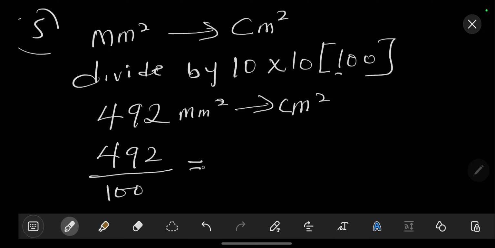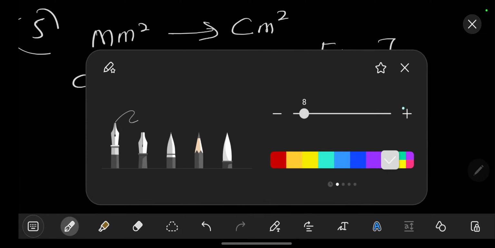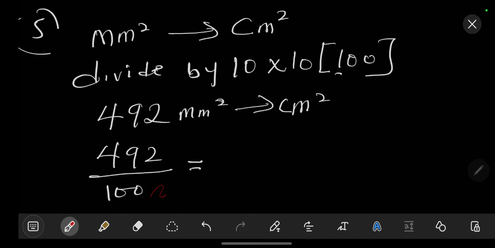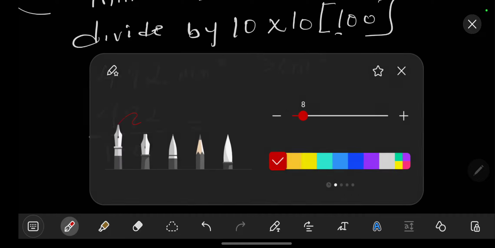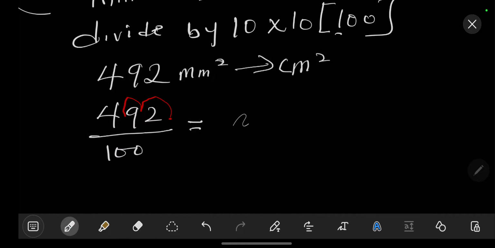So when you do that, of course, you have 2 zeros here, so it means you're going to move your decimal 2 places backward. Here, my imaginary decimal is here. Moving backward, I have 1, and I have 2. This will give me 4.92.